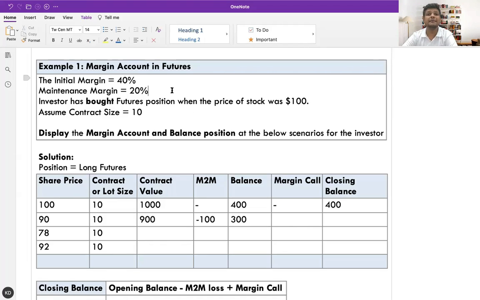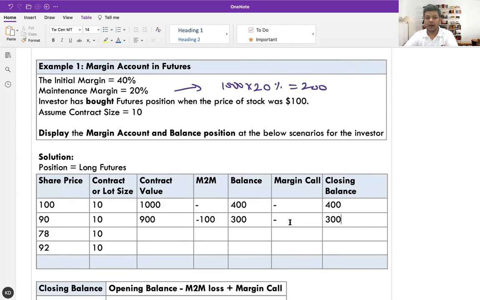What is the minimum balance that I have to maintain? 20% of the initial contract value of 1000, so at no point should my balance go below 200. Clear?